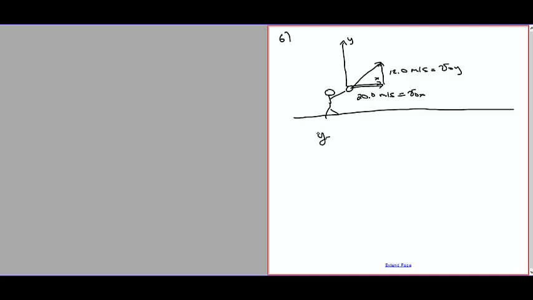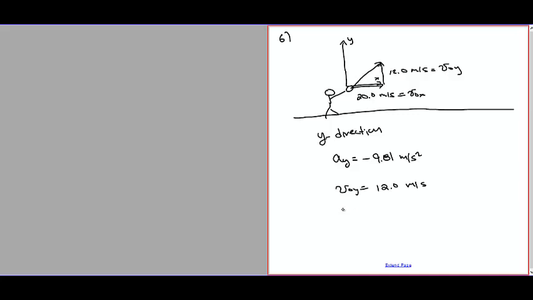So in the y direction, we have that the acceleration in the y direction is negative 9.81 meters per second squared. v0y is positive 12 meters per second because it's upward.